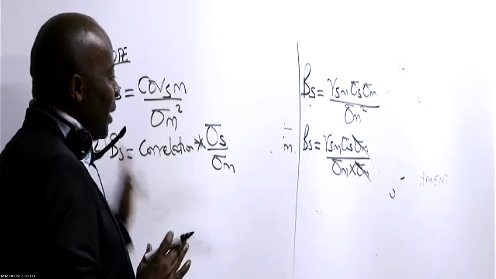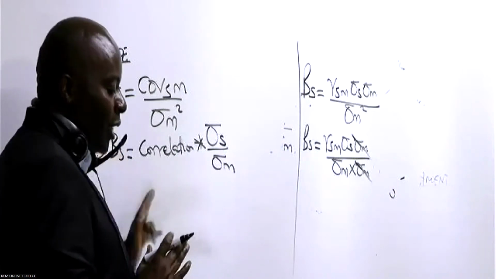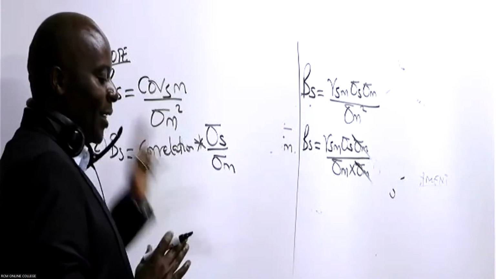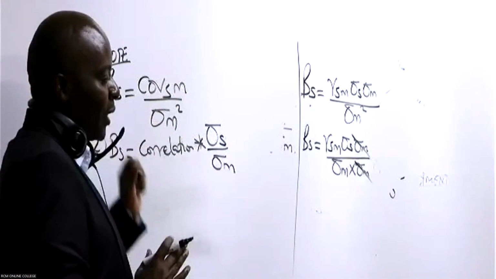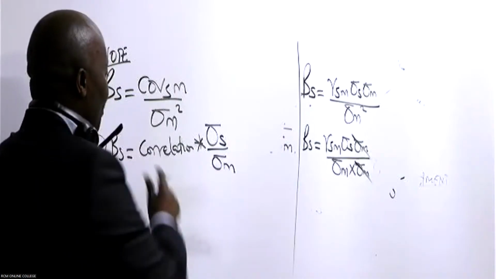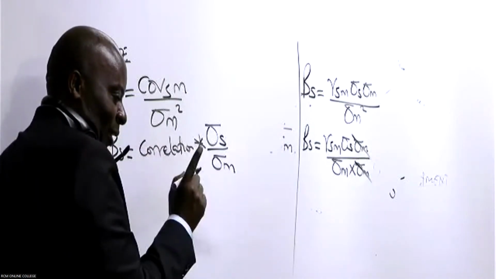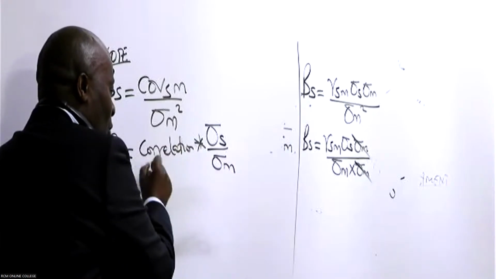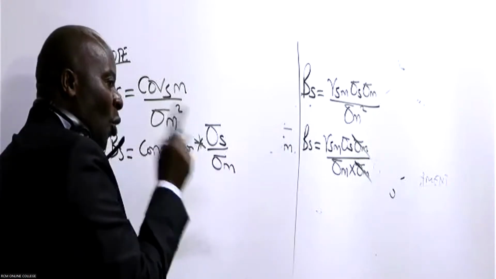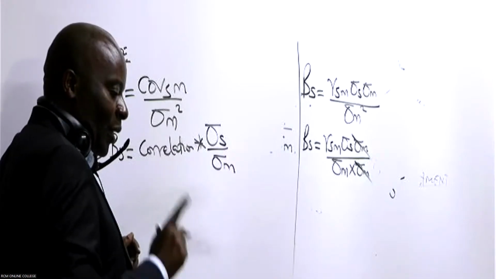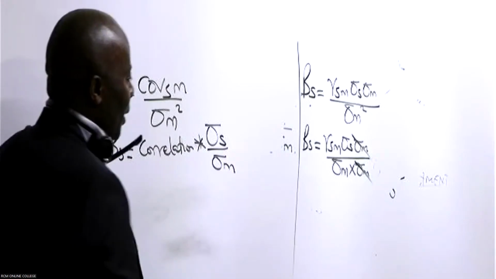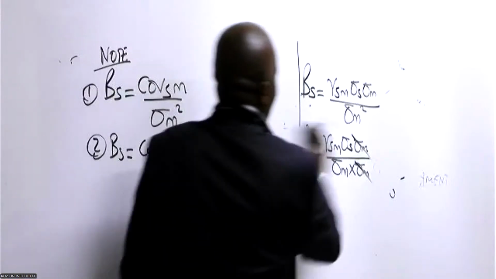We get beta first of all for each of those 6 securities. I want to give you exactly 3 minutes. Because they have given us correlation in the question, you are going to use the correlation approach to get the betas.